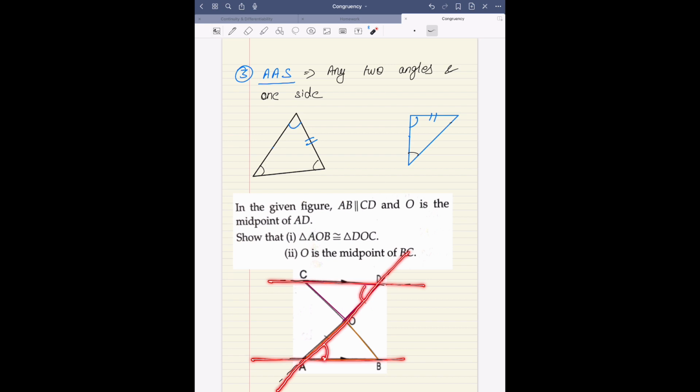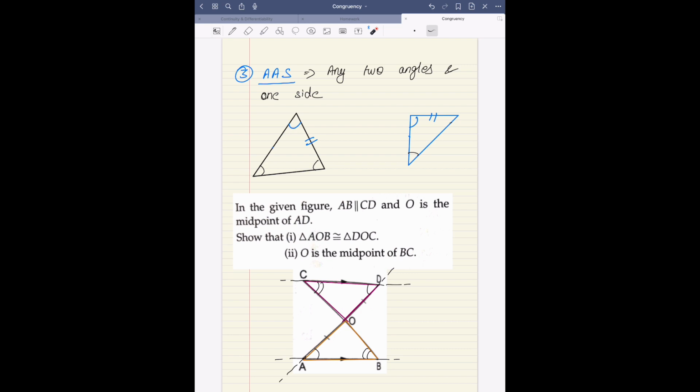These are interior alternate angles, right? Similarly, these are also interior alternate angles, right? So the angles are given, they are equal, but they are not given directly. You will have to use the parallel lines and transversal concept, right? So this angle is equals to this angle, and this angle is equals to this angle. So can you see two angles and any one side are equal, hence by AAS.